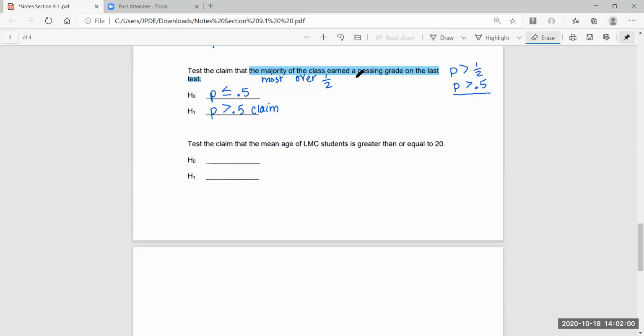Or, as I said, a lot of the time we just put a straight equals there. Critical region, greater than 0.5. Well, where are the values greater? They're over here. So this is a right-tailed test.